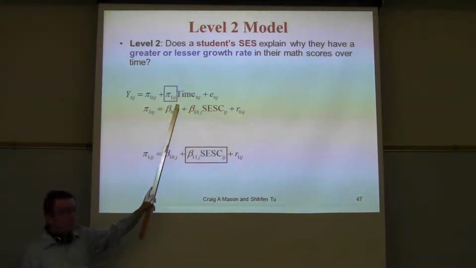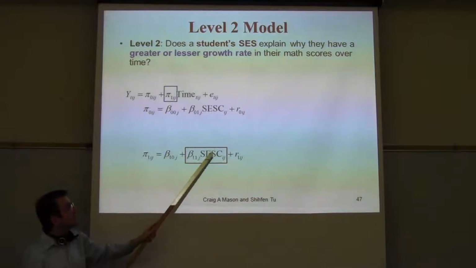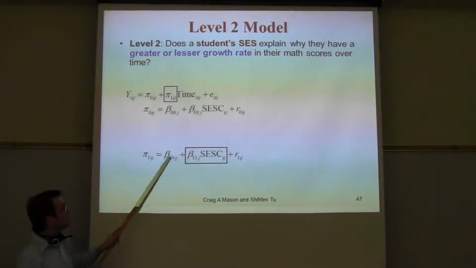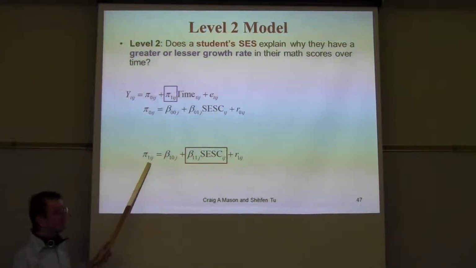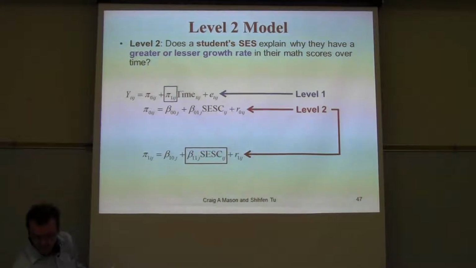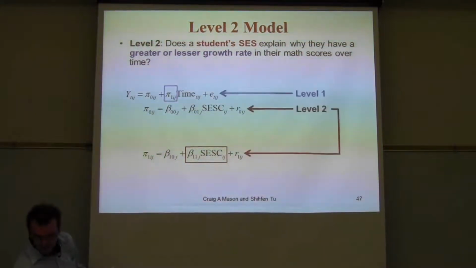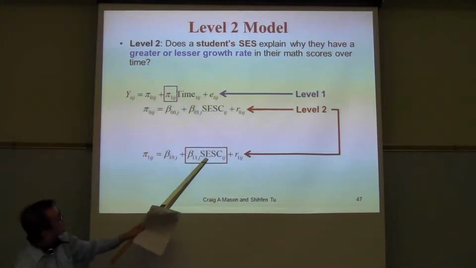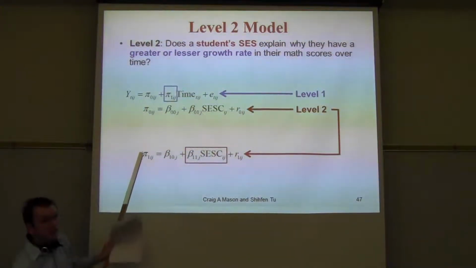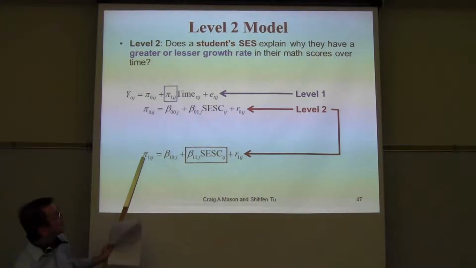Does SES influence those slopes? And we do the same thing with another level 2 equation, where we have SES predicting pi 1 ij's, or their slope.